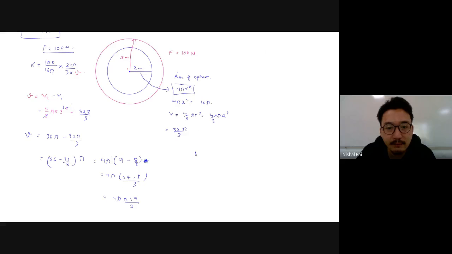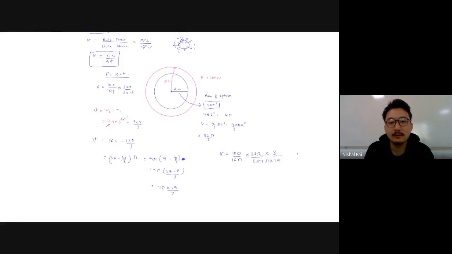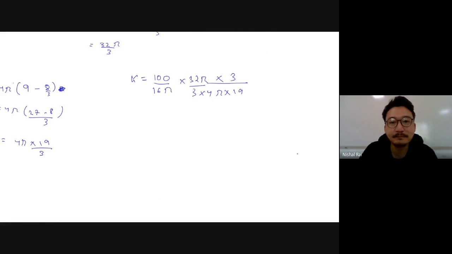Now you plug this into your bulk modulus. So finally you will end up with the bulk modulus being what? 100 by 16 pi into 32 pi by 3 into 4 pi into 19 by 3. Is this point clear? This can cancel out.